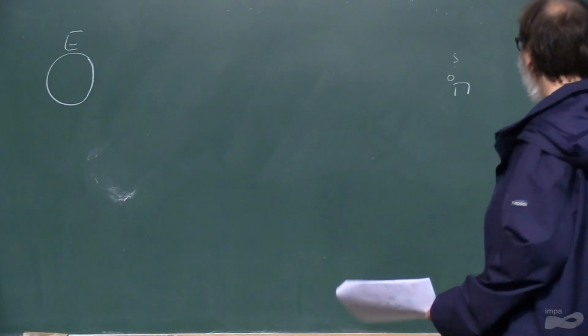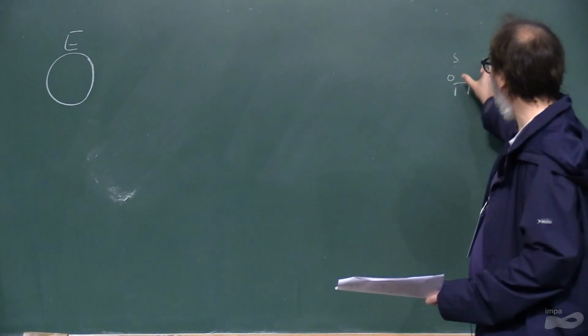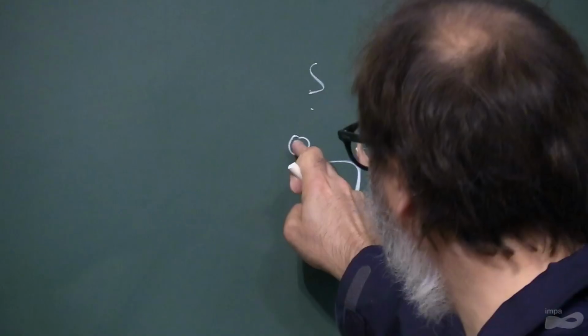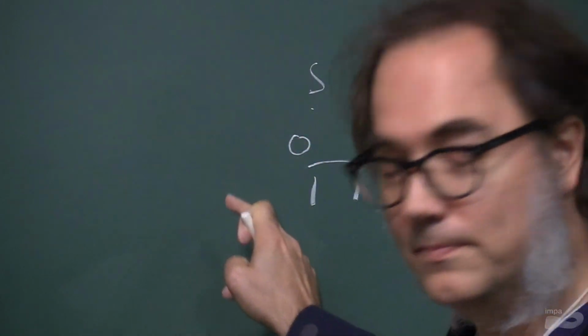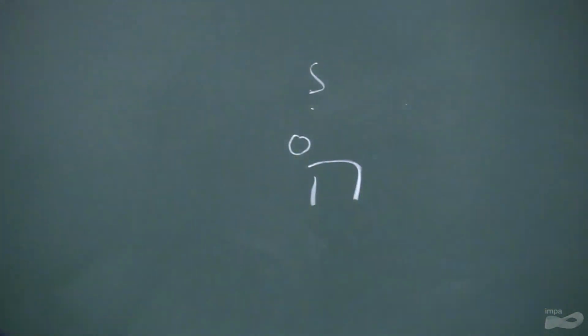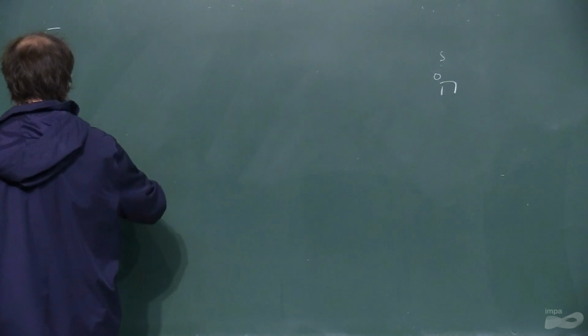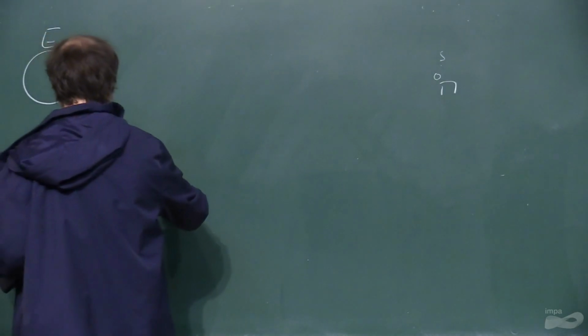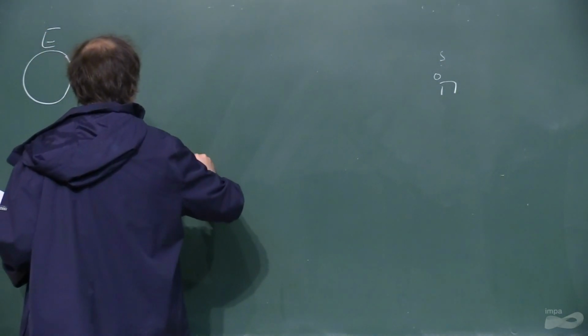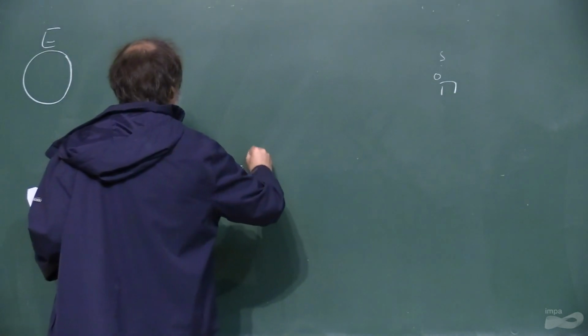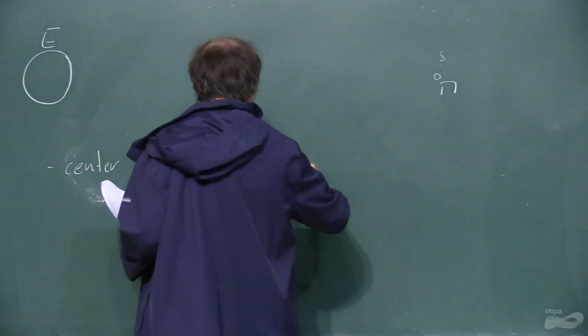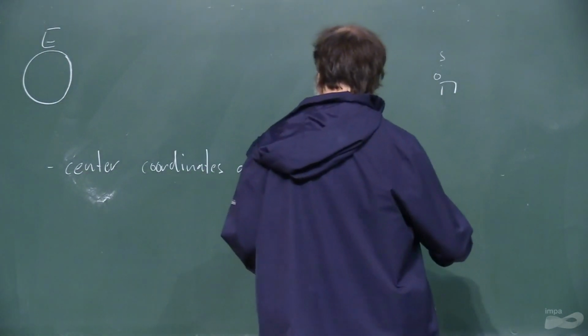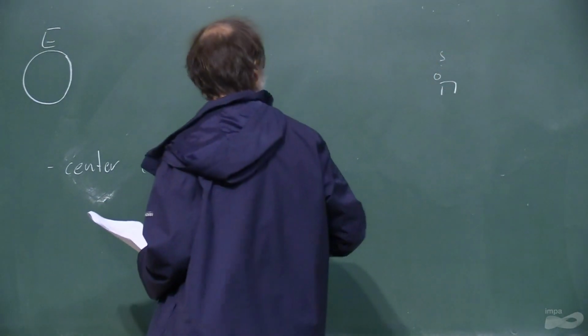And then what we do first is put our origin of coordinates here at the Moon, center coordinates at M, and then we blow up the coordinates.